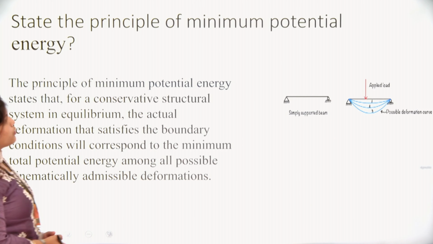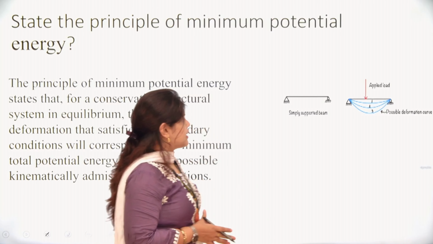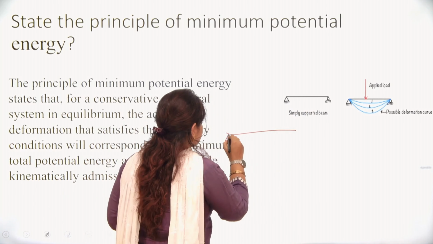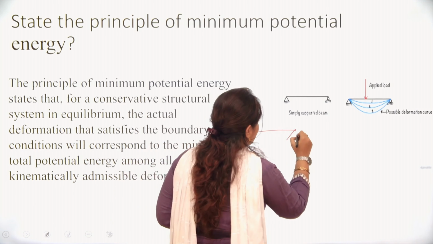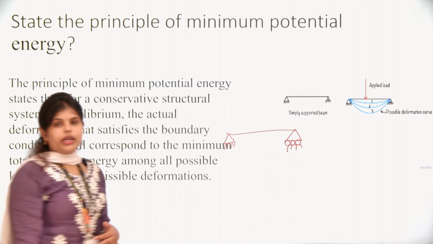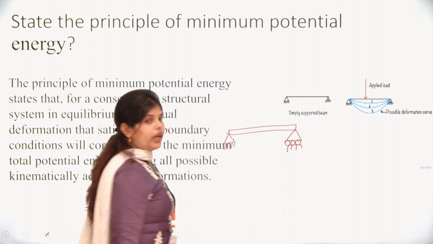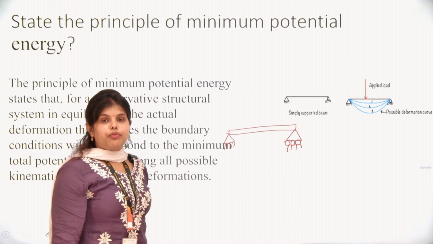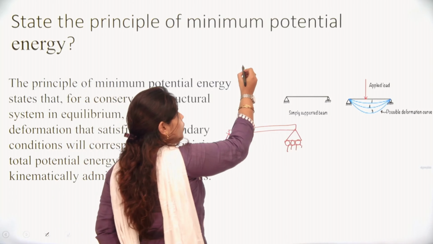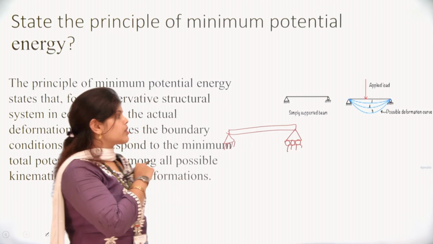In our third question, it consists of: state the principle of minimum potential energy. I need to draw this again as this is not visible. Here we have a simply supported beam. The beam will deflect when the external forces are greater than the internal force, or the internal force is not capable enough to resist the external force.